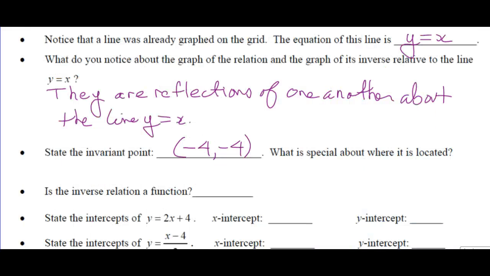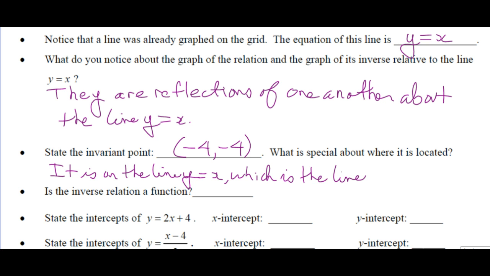We know invariant points are on the line of reflection, at least for reflecting about the y-axis and reflecting about the x-axis. That also holds for reflecting about the line y equals x. So invariant points will be on the line of reflection. We will not stretch about the line y equals x, right? We will only reflect about it.